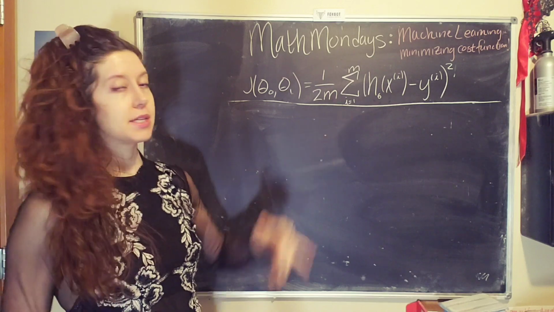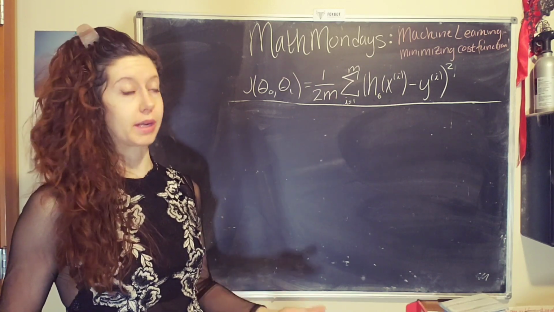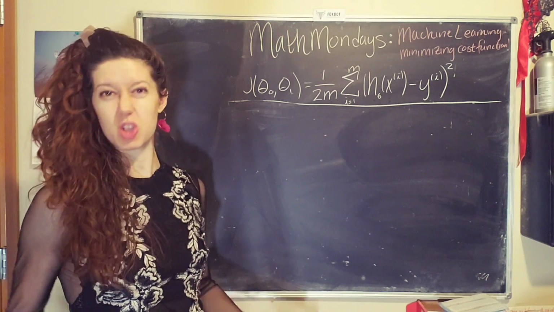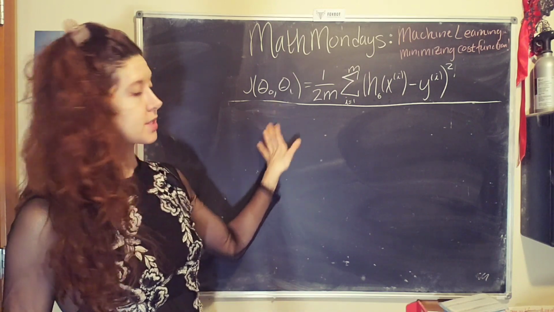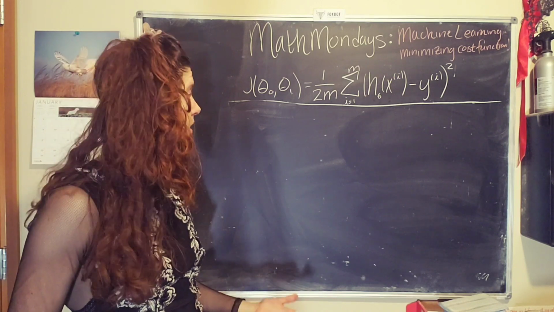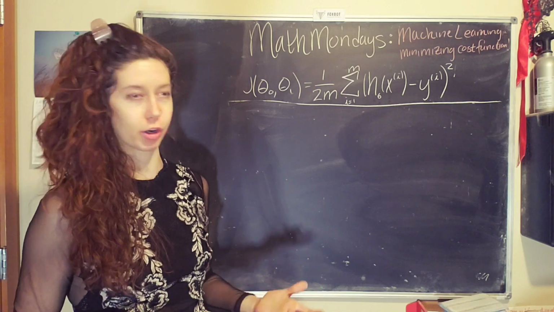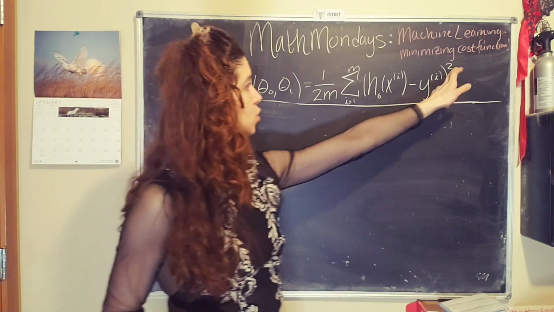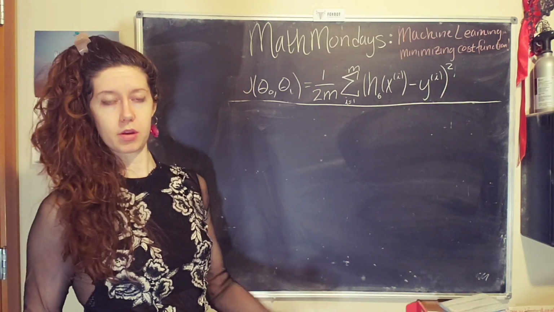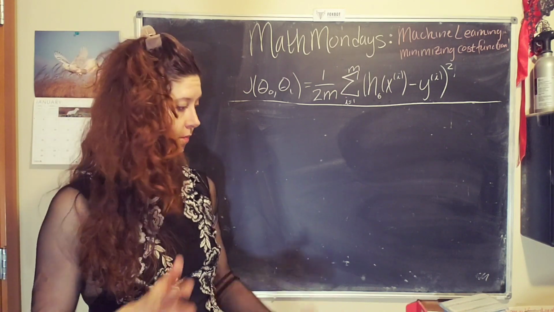M is the total number of examples in your training set. How much data do we have? And this is basically a squared error function, a slightly fancier average difference. The square helps us to deal with negative signs and that sort of stuff.